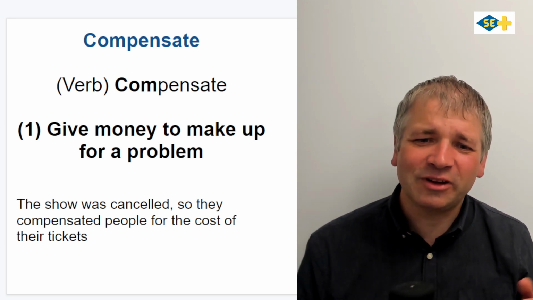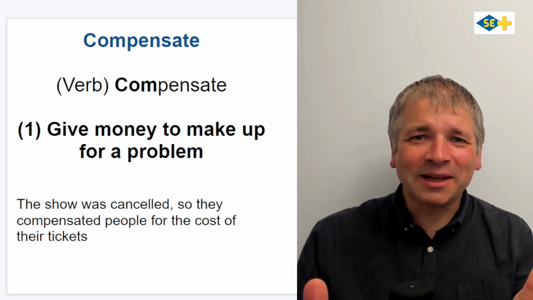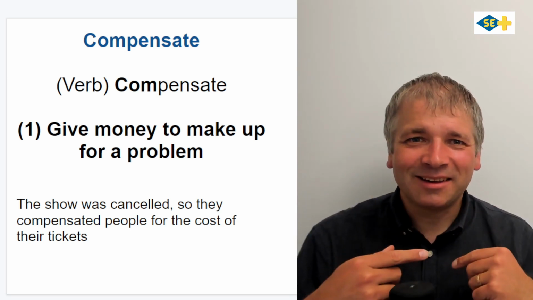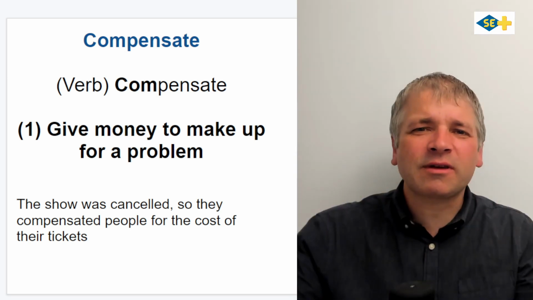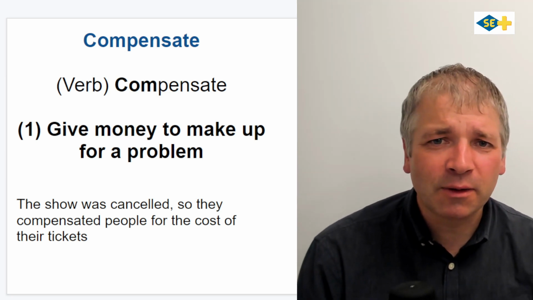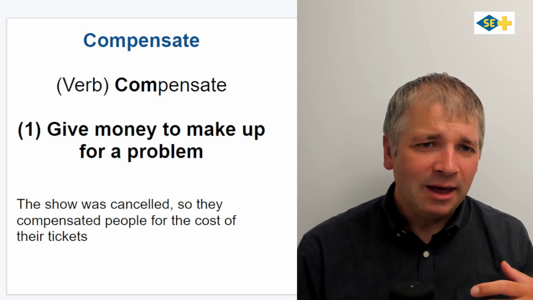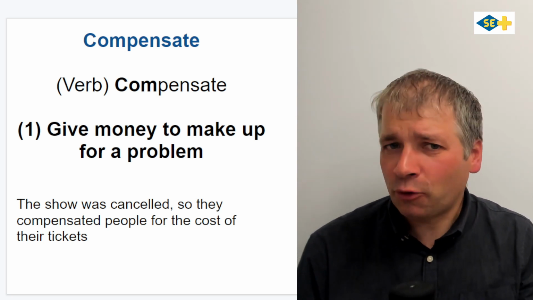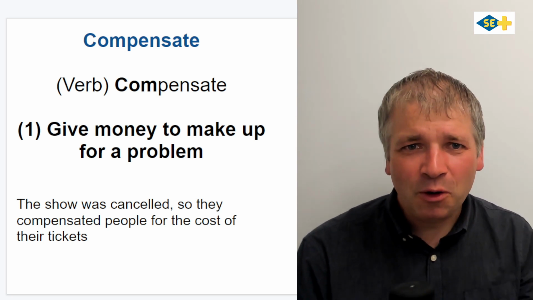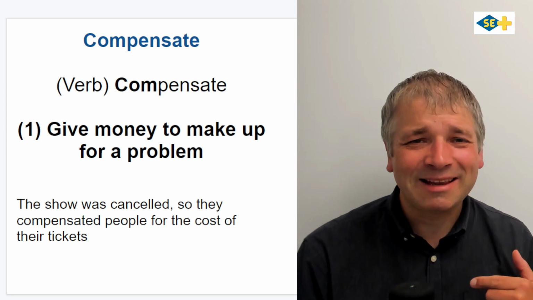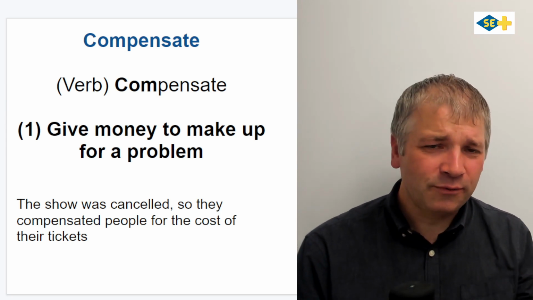So compensation here is to do with money that you get back. And this covers all range of ways that the company will give money back to you if something's gone wrong. So if you're sold a product and something goes wrong with it, a company might give you compensation for loss of use of the product.